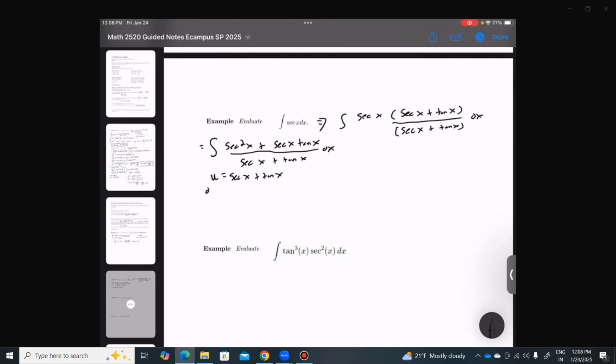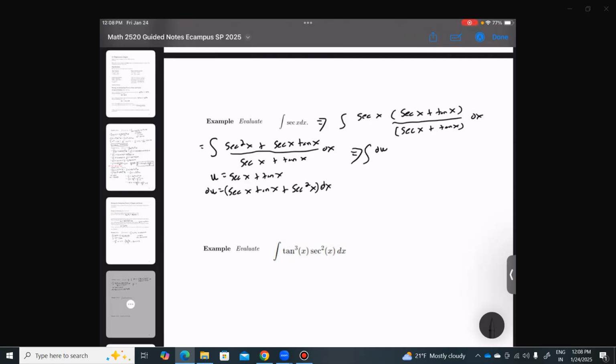So du equals secant x tangent x plus secant squared x dx. That means the top is what you have for du.